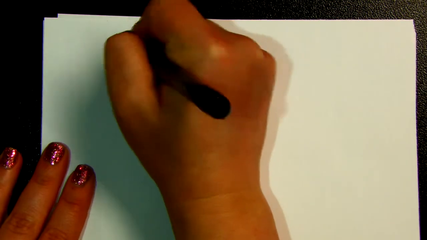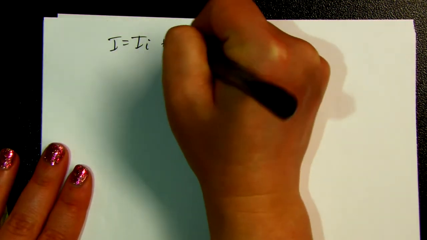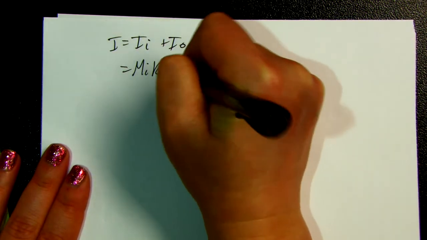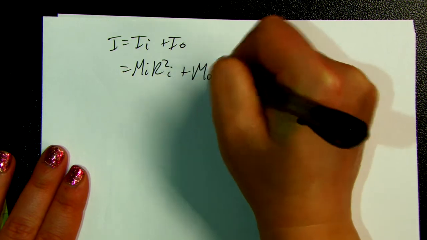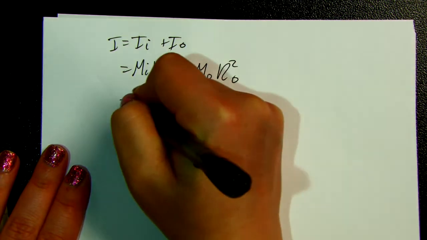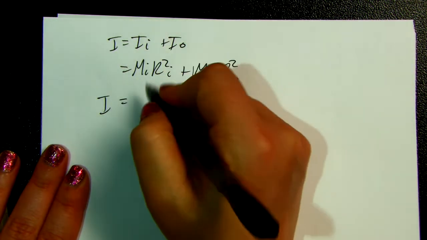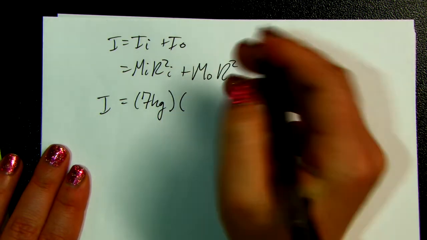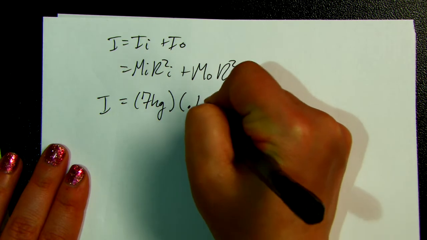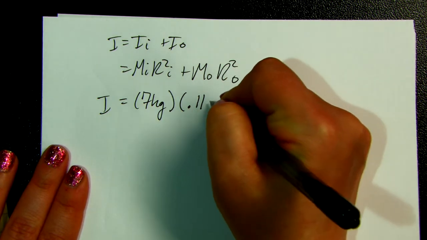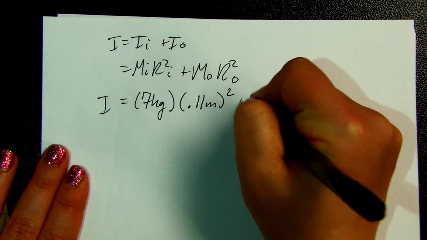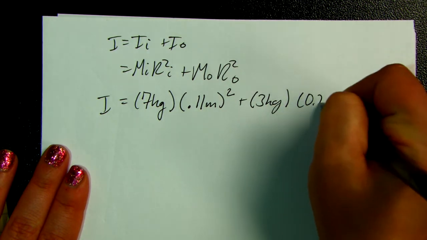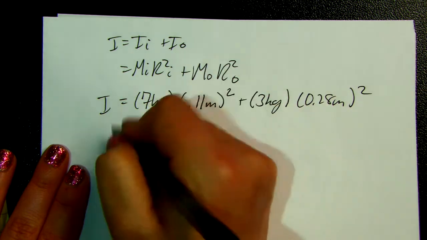we have I being equal to I inner plus I outer, which is equal to m_i r_i squared plus m_o r_o squared, and we have the values for that. The inner wheel is 7 kilograms, 11 centimeters in radius, therefore 7 kilograms times 0.11 meters squared, plus 3 kilograms times 0.28 meters quantity squared.